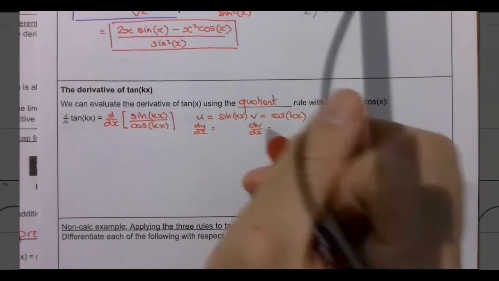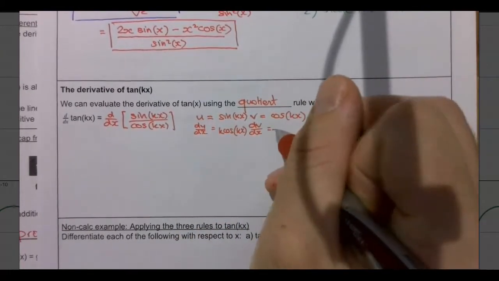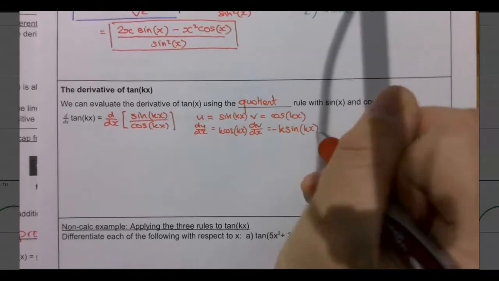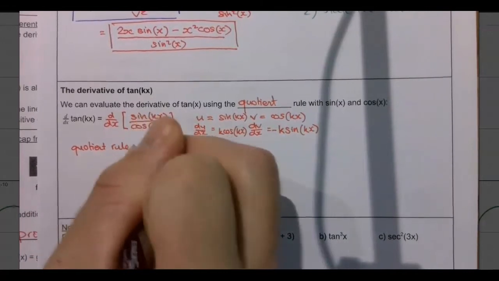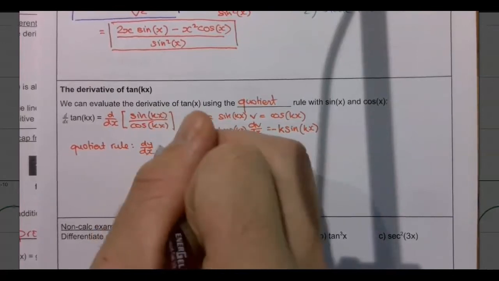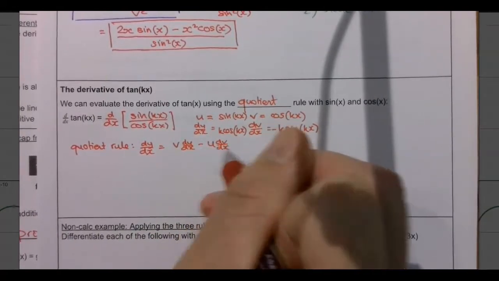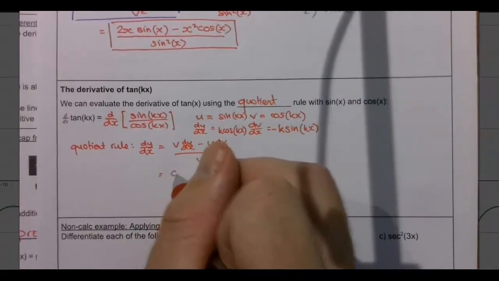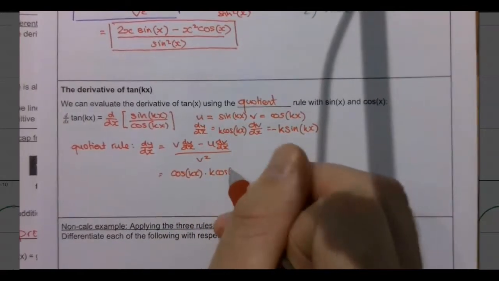Sine differentiates to cos, but I remember to bring the k in front, so k cos of kx. Cos differentiates to minus sine, but again bringing the k in front, minus k sine of kx. And then using the quotient rule, dy by dx equals v du by dx minus u dv by dx all over v squared, and substituting in this case, I have cos of kx times k cos of kx.